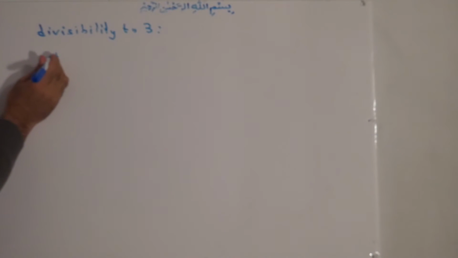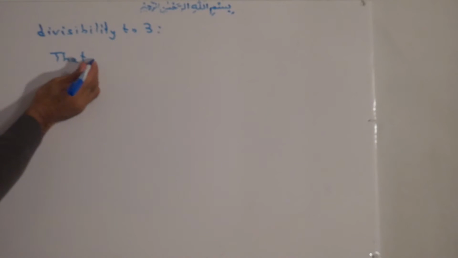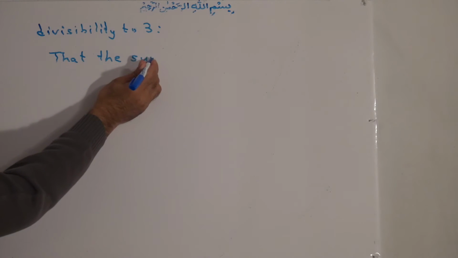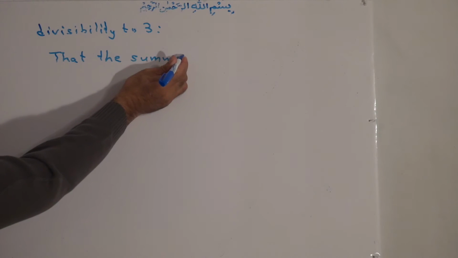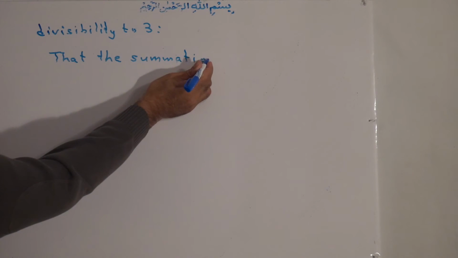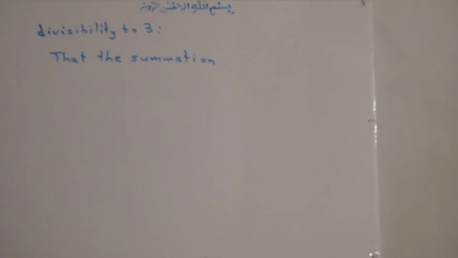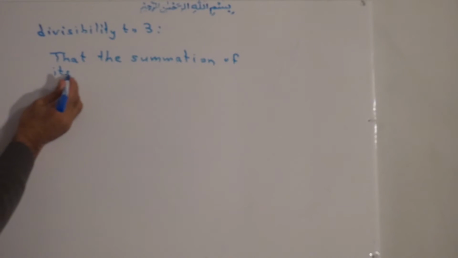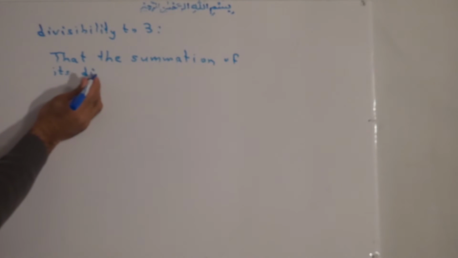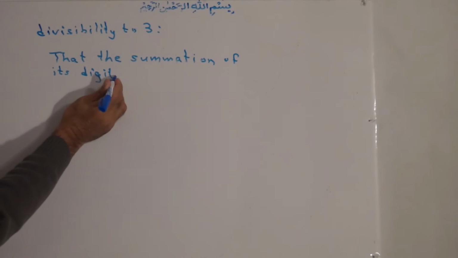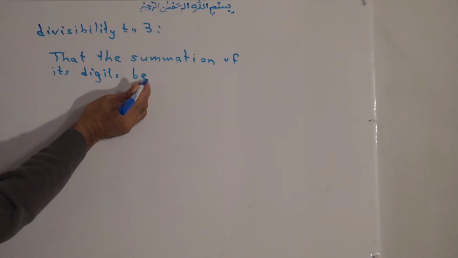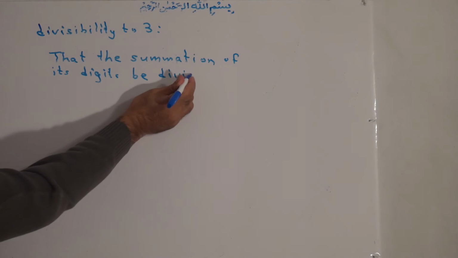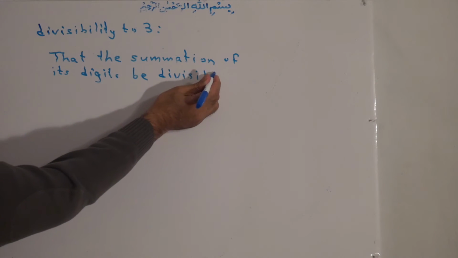Then what we say is that the summation of its digits should be divisible by 3.